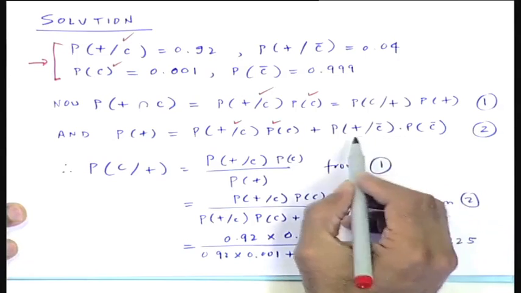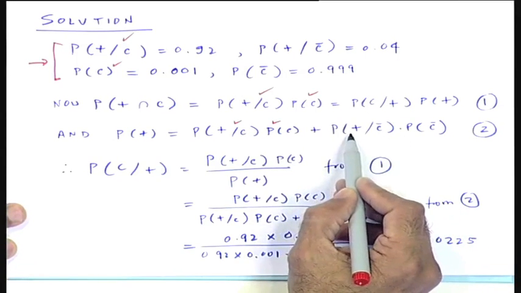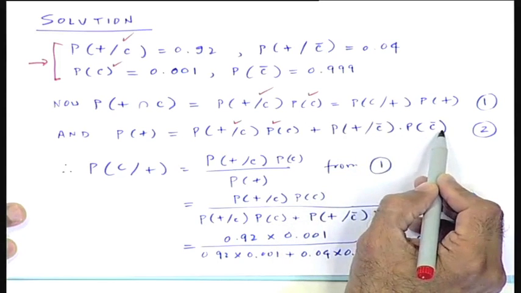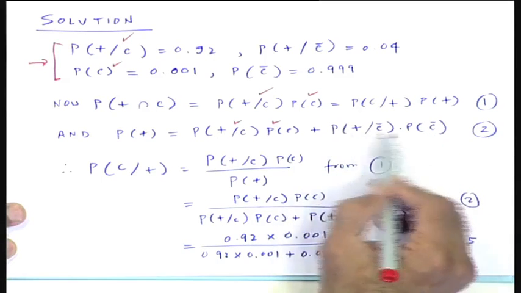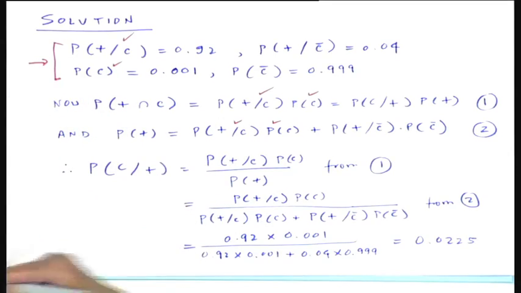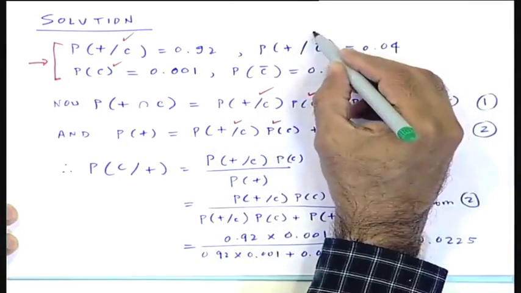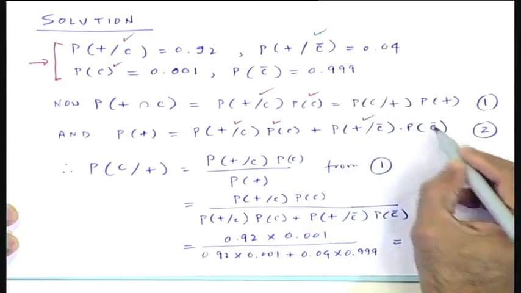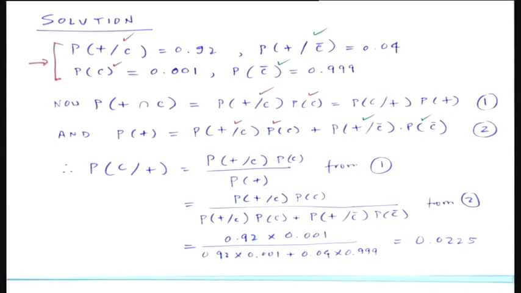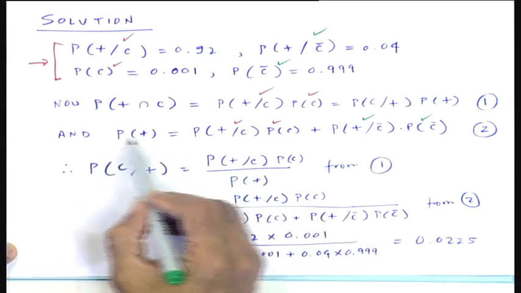And then this part, the probability that the test is positive given that there is no cancer, multiplied by the probability that there is no cancer. Where can I find this? I can again look up my given data, and this I know and also this I know from here. So I know all quantities, and I can evaluate this quantity for sure.